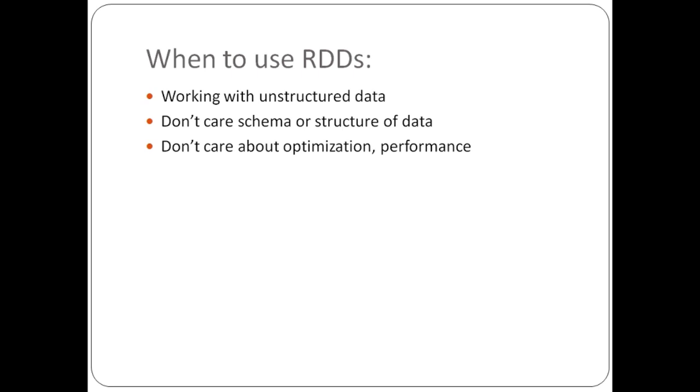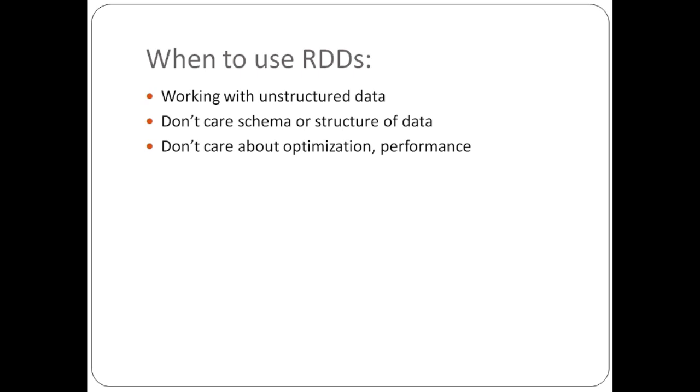Some 100 GB file is there with the text, and you want to identify which words are used repeatedly, the number of times. How to do that scenario? You read that file, RDDs will be formed. So whenever you are processing unstructured data, you can go for RDDs.